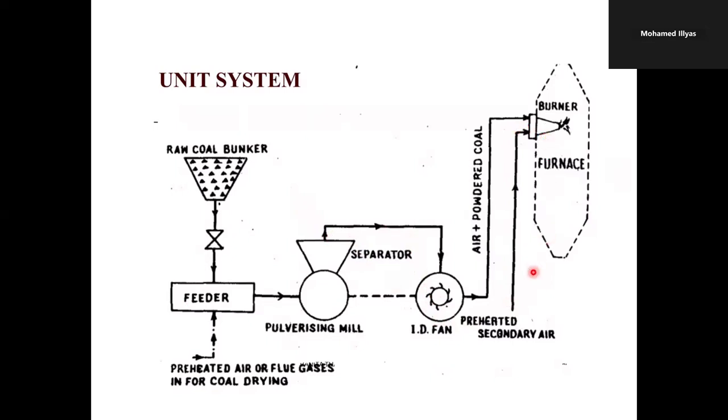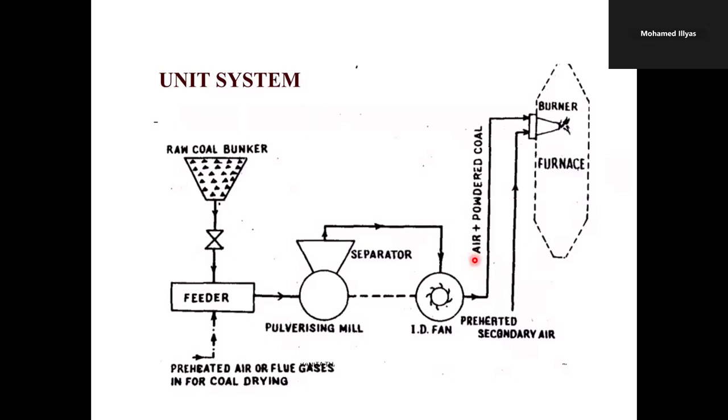Generally, if you see the furnace, there will be a provision for supplying secondary air. So here air plus coal will be supplied. The secondary air is absolutely essential for complete combustion of coal.